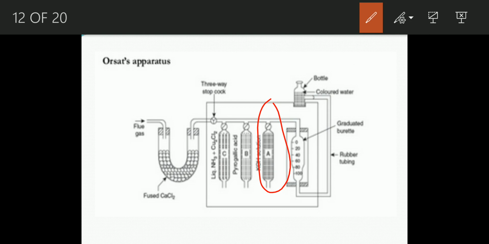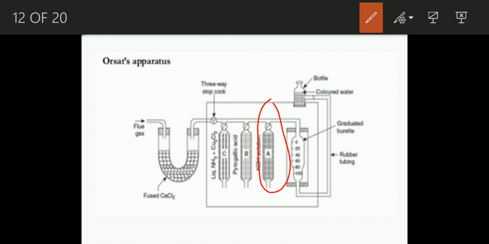Then water reservoir is moved up so that water enters into the gas burette, which pushes the flue gas into the KOH bulb. Here carbon dioxide in flue gas is absorbed. The process is repeated 2 or 3 times until all carbon dioxide gas is absorbed.